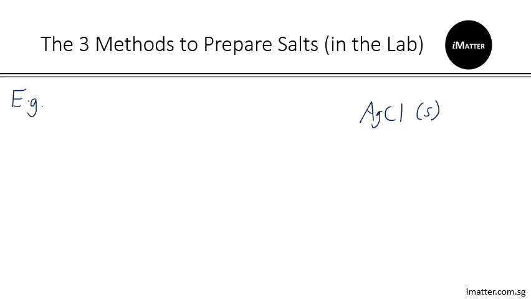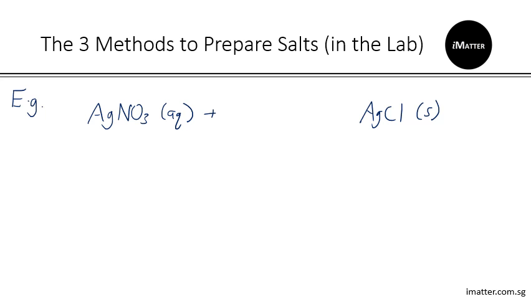Now in this case, basically for precipitation reactions, both my reactants should be soluble in water. So in this case, I shall use silver nitrate. And as all nitrates are soluble, this is definitely a soluble substance.